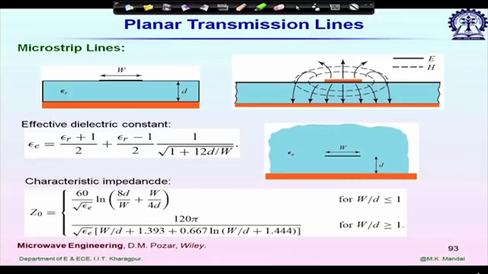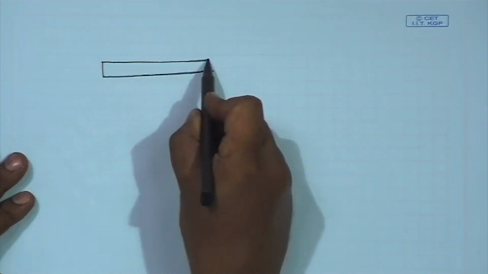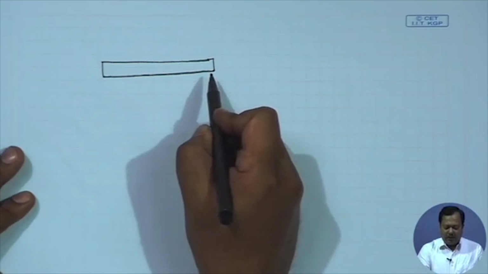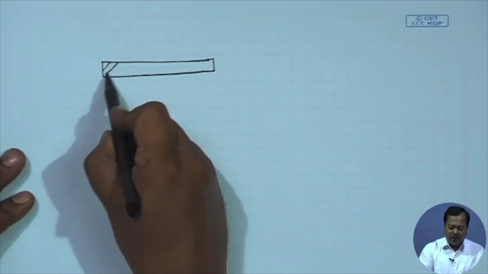resonator. We are going to consider one microstrip line of length lambda g by 2. Let me draw the top view. It's showing a microstrip line, its top view. I'm just drawing the metallic strip part.